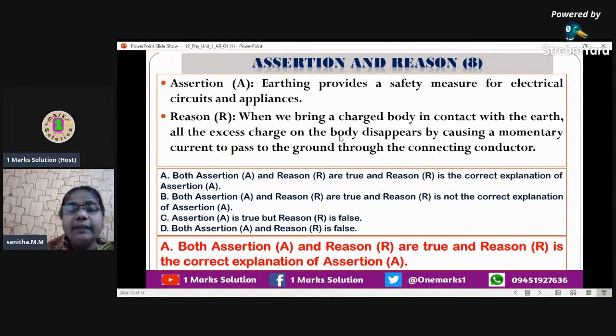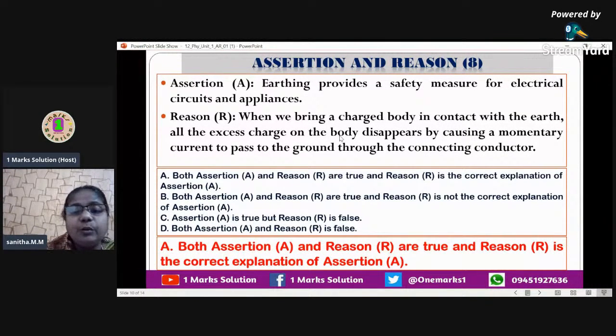Why? Because if you touch it, the charges will go through our body also. If you are putting earthing, the excess charge goes directly to the earth. The flow of charges is current, and the voltage will be there. You know what will happen if that voltage flows through our body.